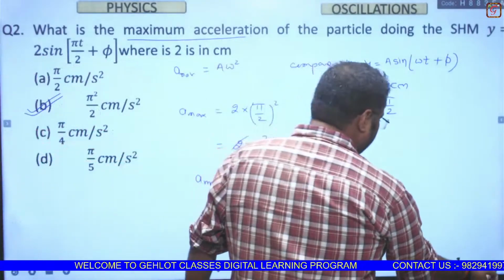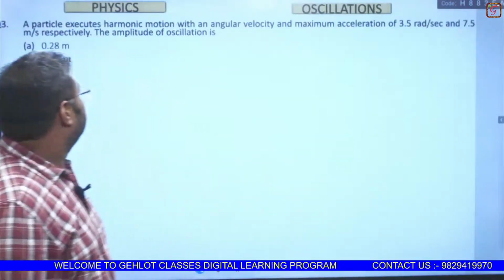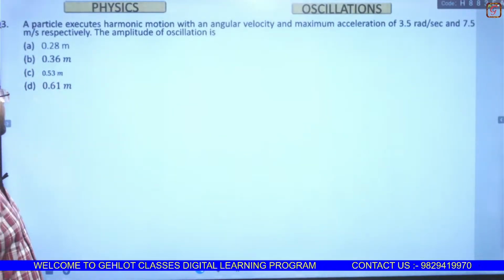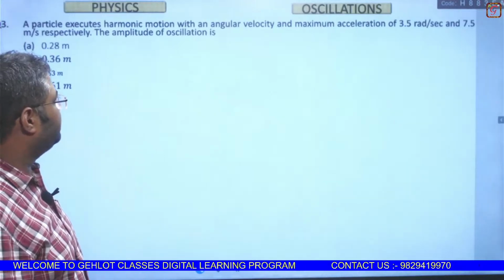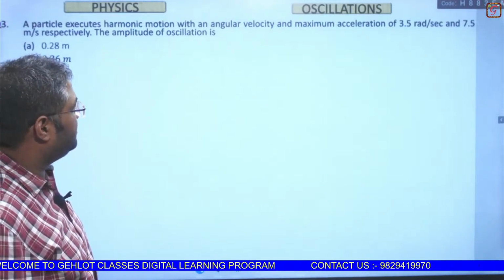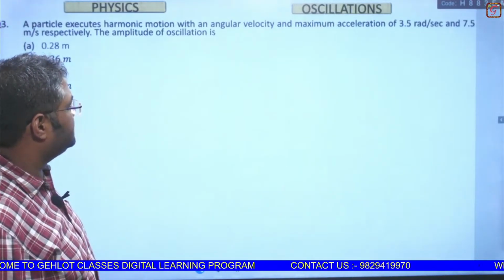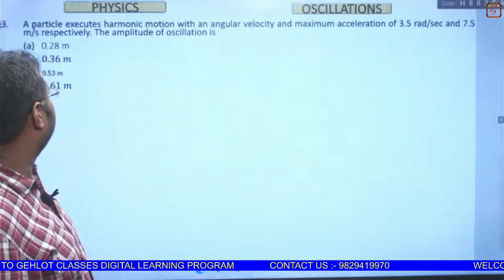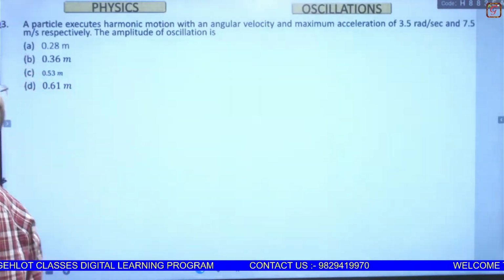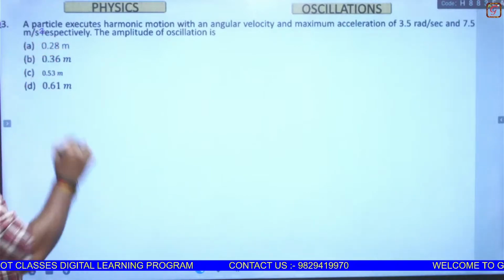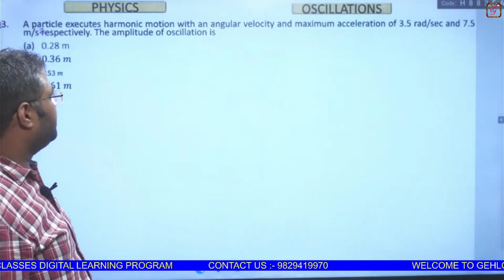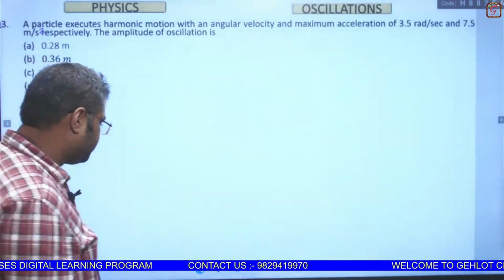Now the question number 3: a particle executes harmonic motion with an angular velocity and maximum acceleration as 3.5 radian per second and 7.5 meter per second square respectively. The amplitude of oscillation is.